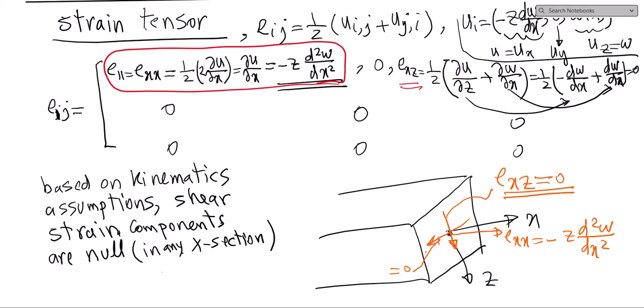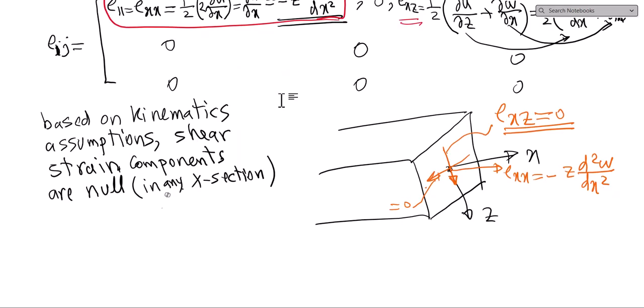Right? And only the normal strain, which is due to bending, is non-zero, assuming that there is a slope.